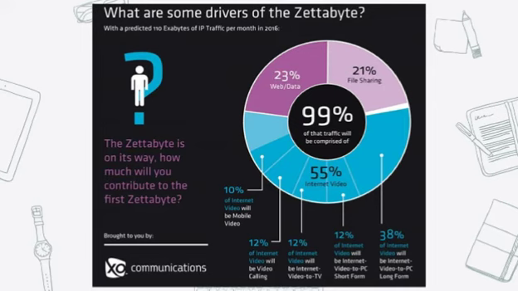So in this chart, it shows how much will you contribute to the first zettabyte. So 99% of the traffic will be comprised of 23% of web or data, 21% of file sharing, and 55% of internet video.